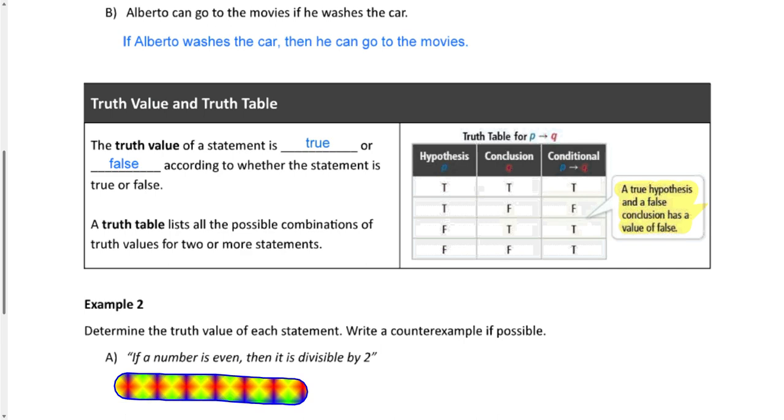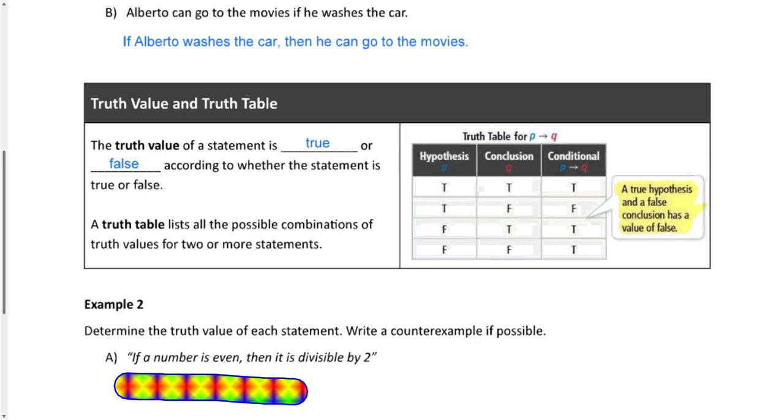That's our truth value. Note over here on the right side, highlighted, a true hypothesis and a false conclusion has a value of false. So this is our table that we can follow, but a truth table lists all the possible combinations of truth values for two or more statements.